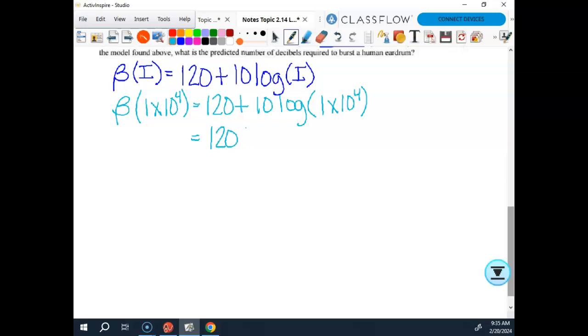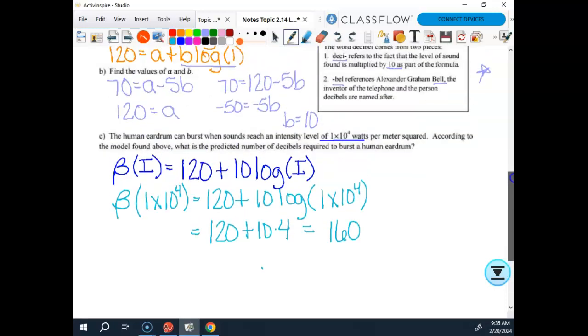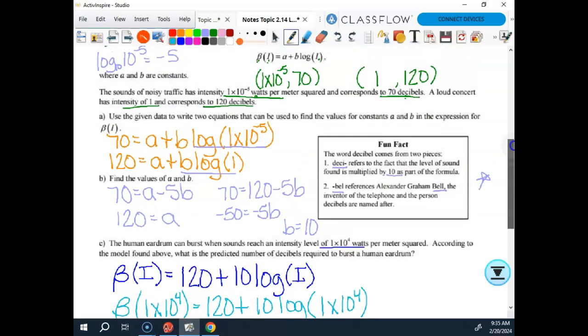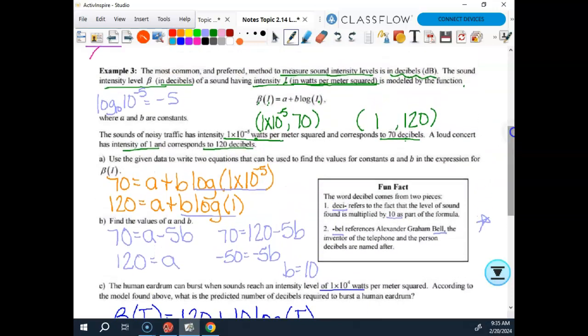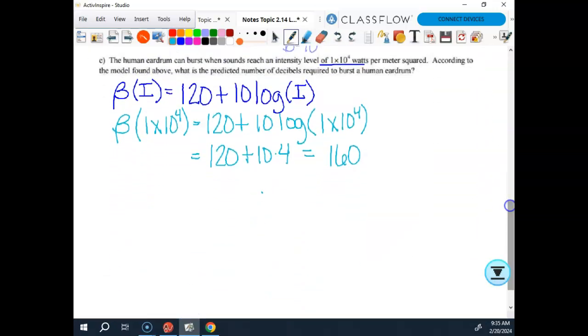So that is 120 plus 10 times 4, and that's going to give me 160 what? Decibels, right? 160 decibels. You can write out the word, or they did give us the symbol up here, little d, capital B. It doesn't matter.